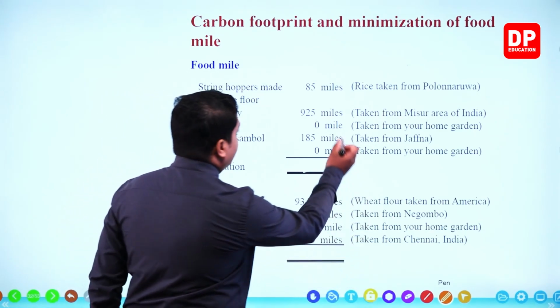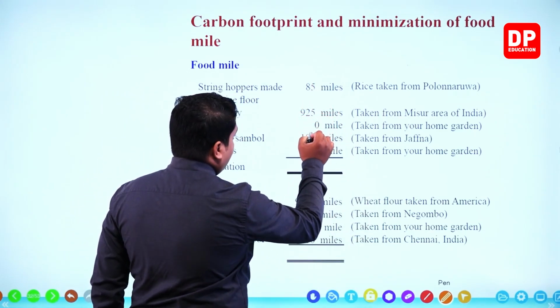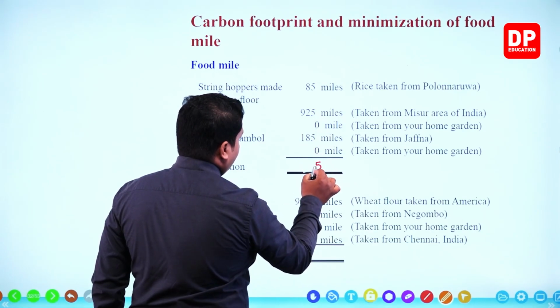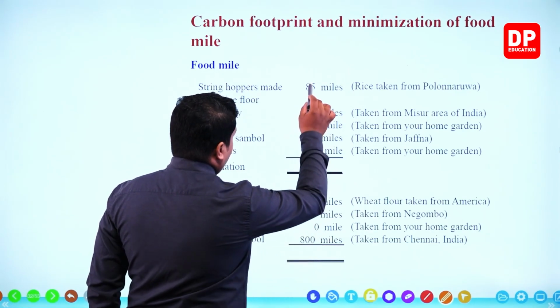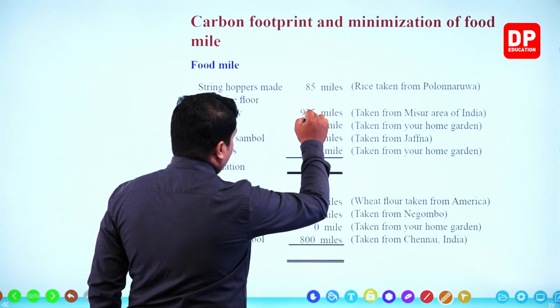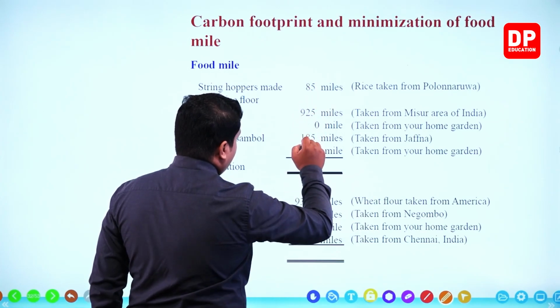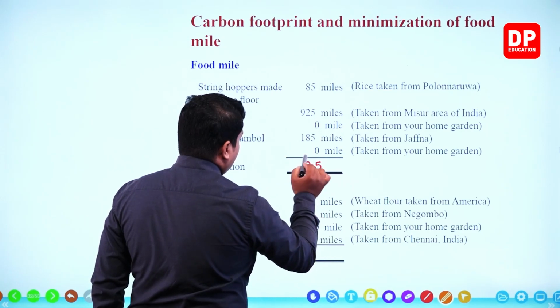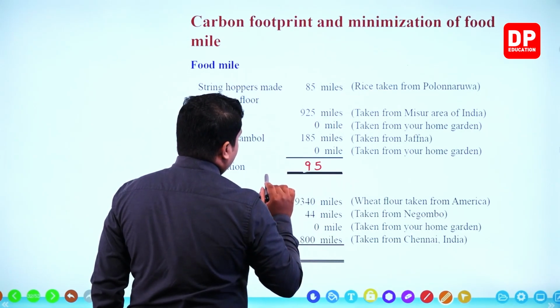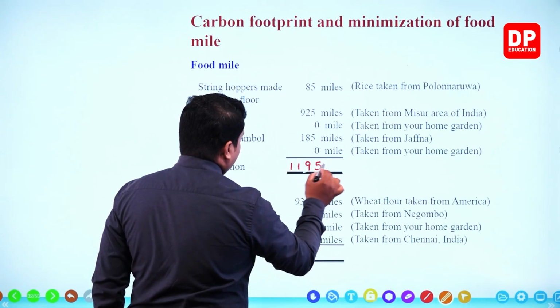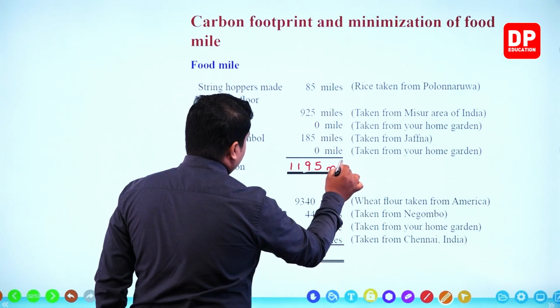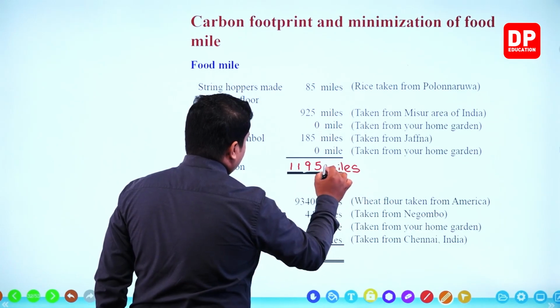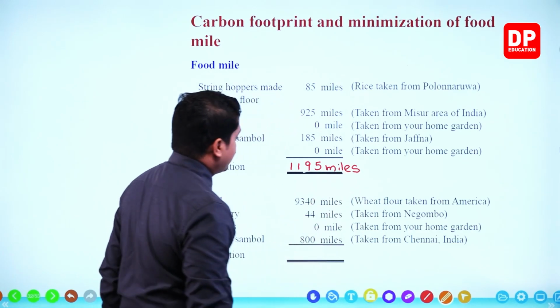So here you need to add 5 plus 5 plus 5, 15, 5, then 9, here 10, 11, 11 plus 8, 19, 9, then 10 plus 1, 11. Let's see whether our answer is correct or not.